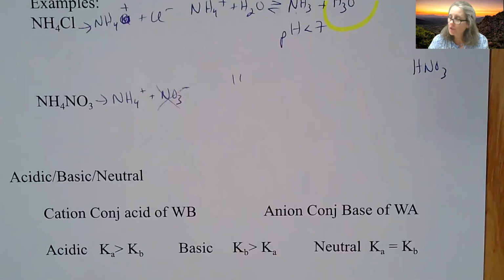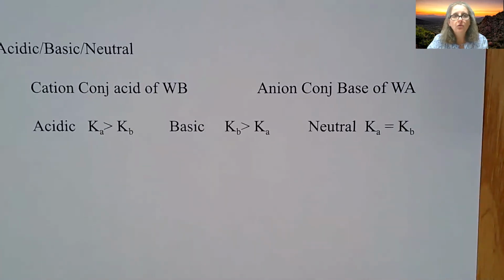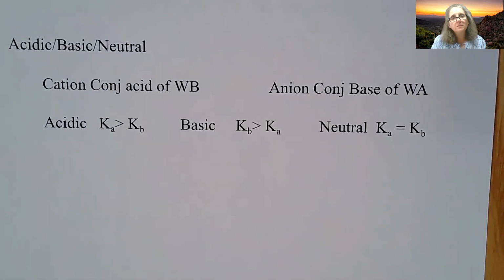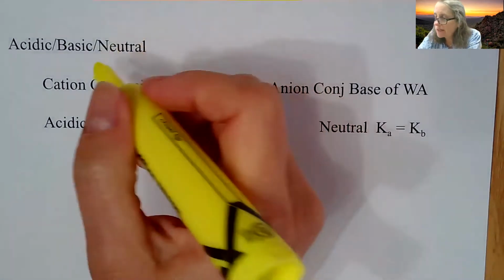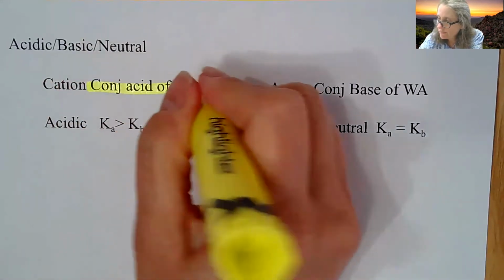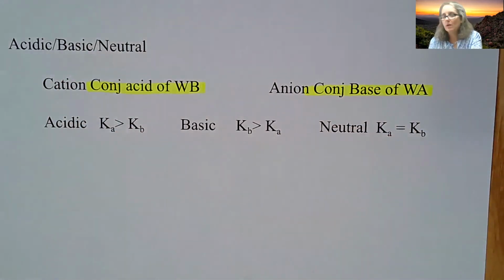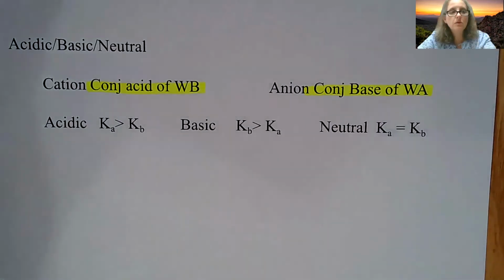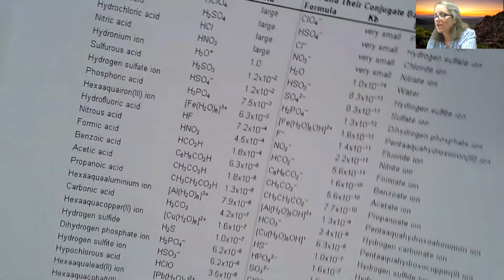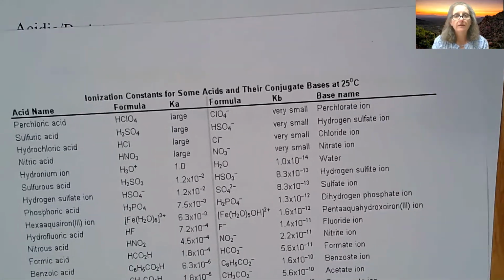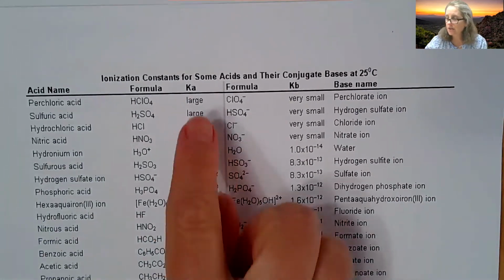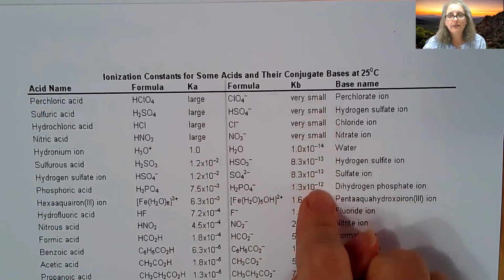So what happens if you have both of them coming from a weak component? What if they're both coming from weak bases and weak acids? Well, that's where you're going to have to use your table. The table on the left, these are Kas. On the right, these are Kbs.